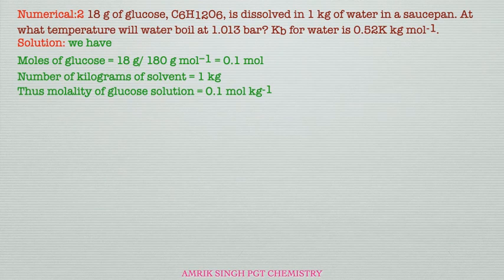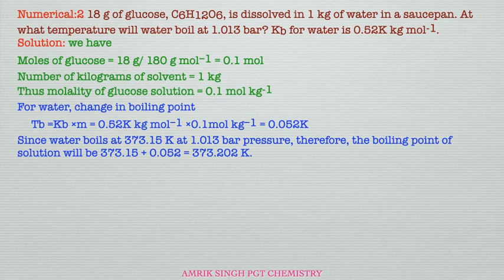To solve this numerical, moles of glucose can be calculated as weight in grams divided by molar mass, that is 0.1 mole. The solvent is 1 kg, therefore molality is 0.1 mole per kg.